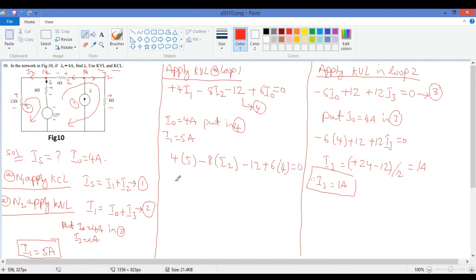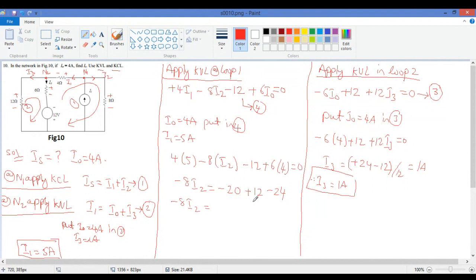So minus 8 I2 is equal to, 4 fives are 20, this becomes minus 20, this becomes plus 12, and 6 fours are minus 24.